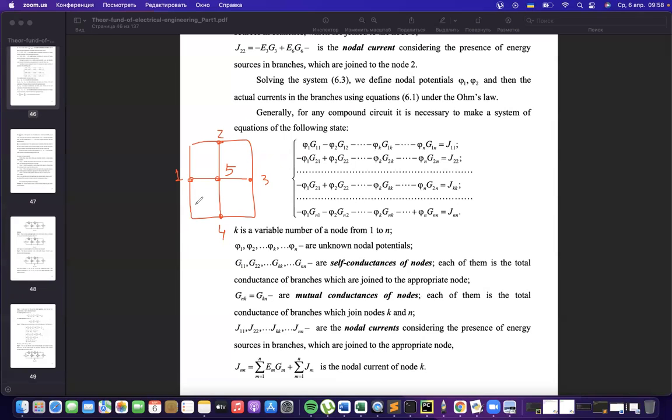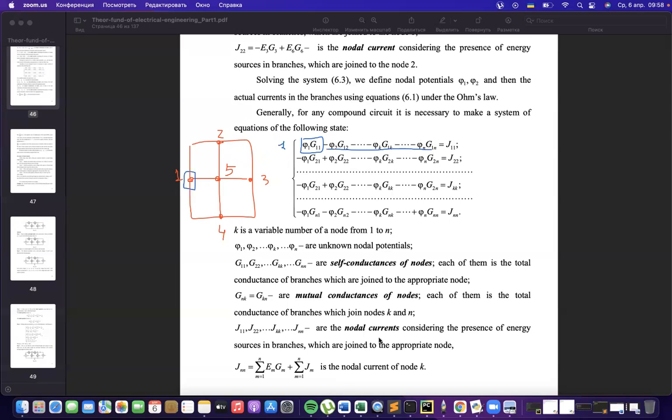For example, we have a system of some potentials. If we are writing the equation for the first one, it is always taken with plus. But all others are always taken with minus.